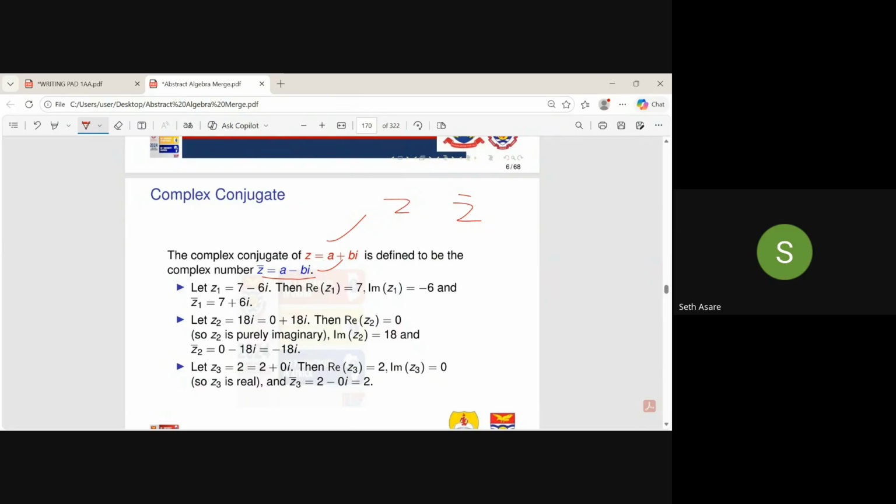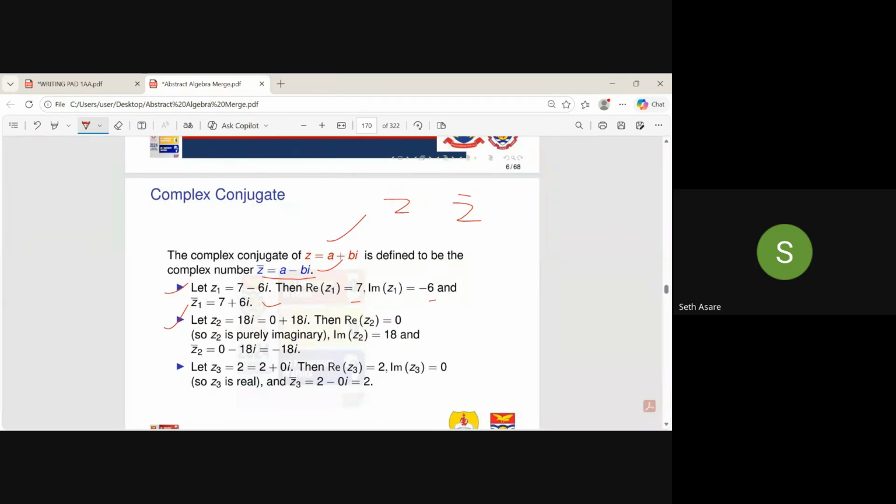So let's see this. We let z1 be equal to 7 minus 6i. Its real part is 7, then its imaginary part is minus 6. Because the original is 7 minus 6i, its conjugate is going to be 7 plus 6i. Now let's consider the second one.